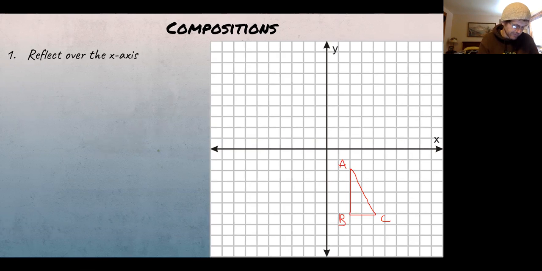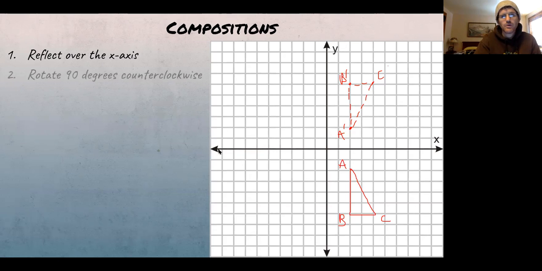So A prime gets reflected right here, B prime gets reflected right here, and C prime gets reflected right here. I'm not going to go through in detail how I do that. If you don't know how to do a reflection, then you can watch the video on that part of it. We did that last Monday, I believe.